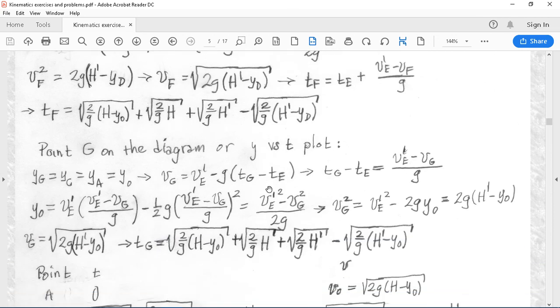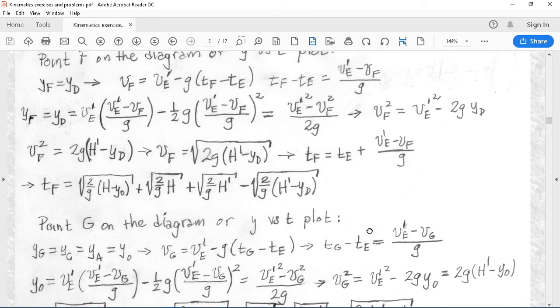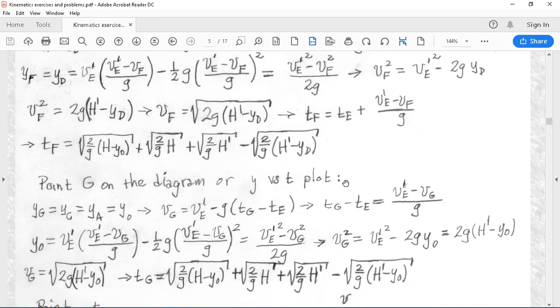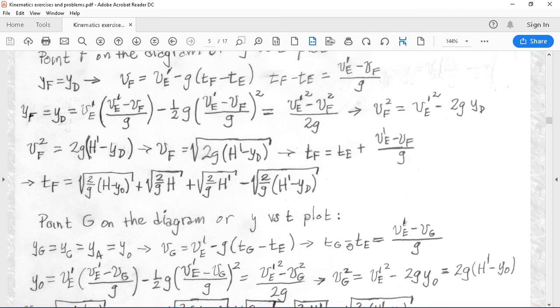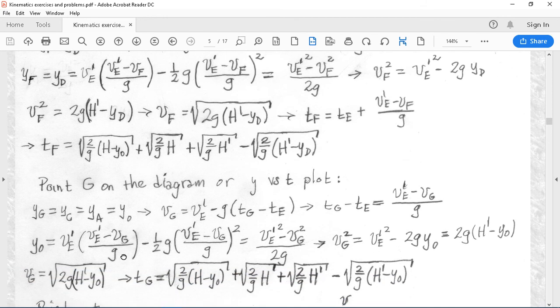So now we can go to point G, and using the same procedure, just as we found tF minus tE, we find tG minus tE, which is this expression here. Replace this in the expression for yG, remembering that yG equals y0. We get this.